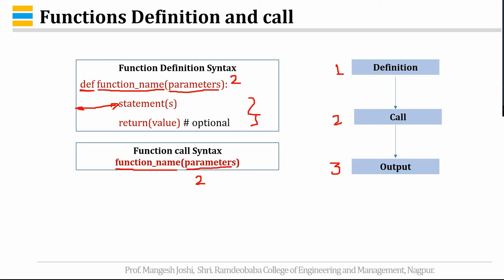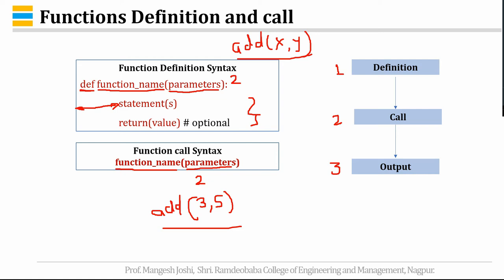For example, if you pass two parameters, say 3 and 5, by calling a function add, then while defining the add function you must keep in mind that it must have two values, that is x comma y. They may be of any type, float or string. The number of arguments should be the same so that it calls the same defined add function.